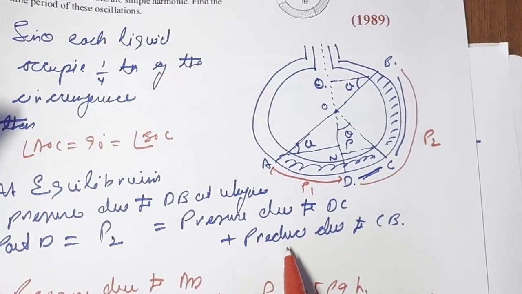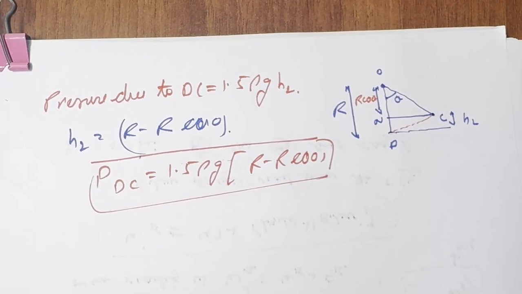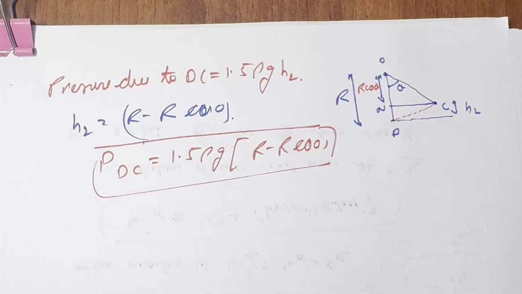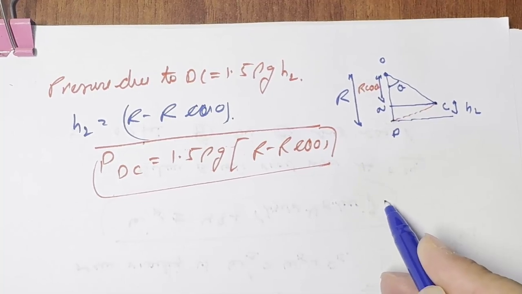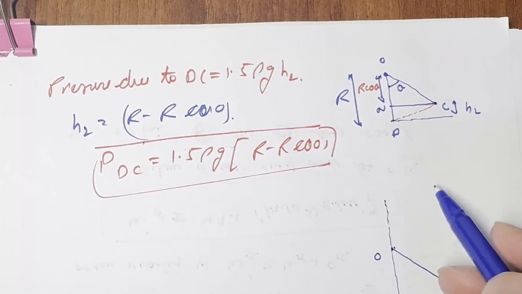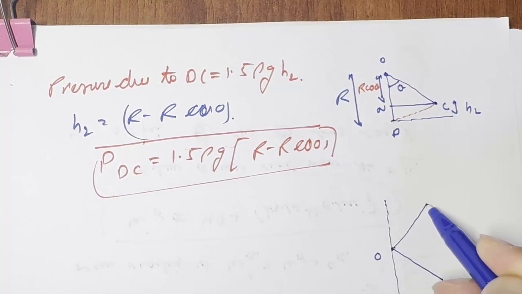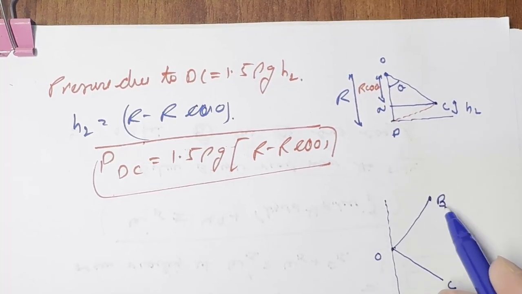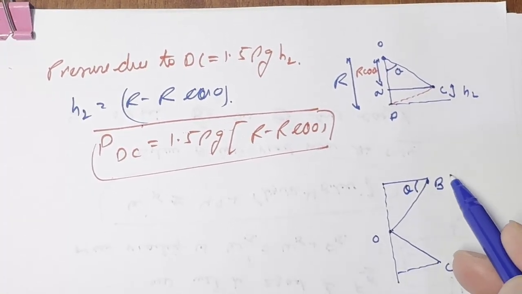Now we are going to find out pressure due to CB. We can once again draw the diagram. This is our center O, this is our point C, and this is our point B, and we just said that this angle is theta, and this is the height of the BC.